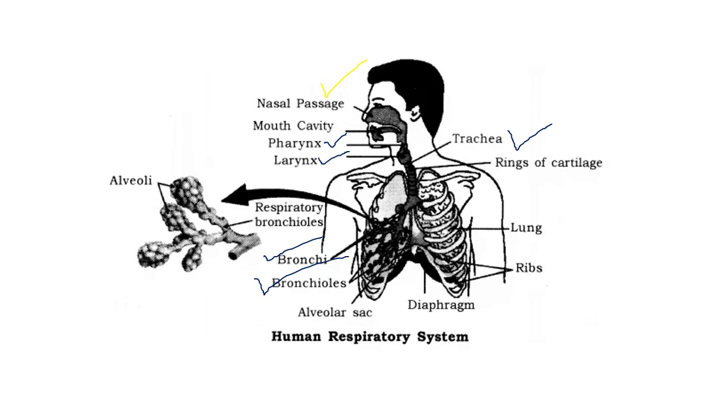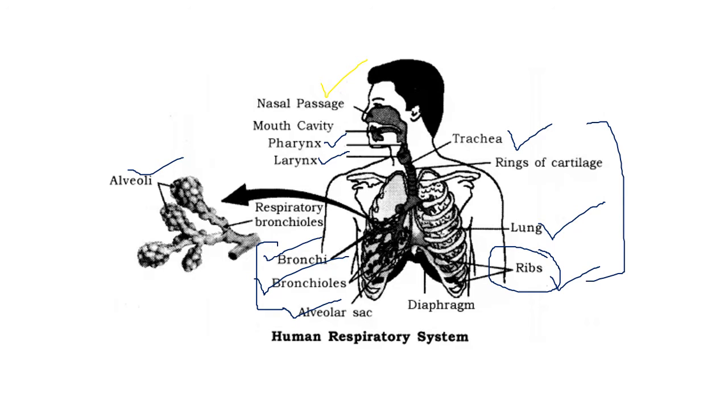Then after that it contains alveoli, and all the alveoli contain alveolar sacs. And where are the bronchi and bronchioles present? They are present inside the lungs, and the lungs are protected by the bones called ribs. And just below all this respiratory system there is the diaphragm.